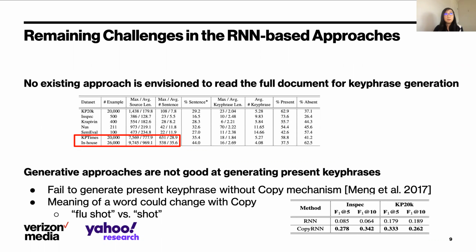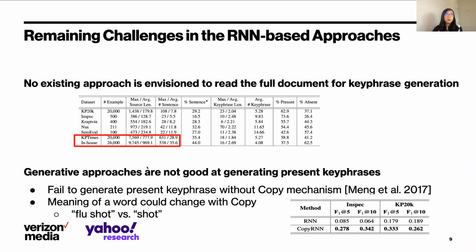In the scientific document setting, they only consider the abstract and the title as the input document, which is usually around 200 words. And in the web domain, if we look at the data for KPTimes and in-house data here, the average length is close to 1,000 words. That makes it very long and very inefficient to be processed by an RNN-based model.